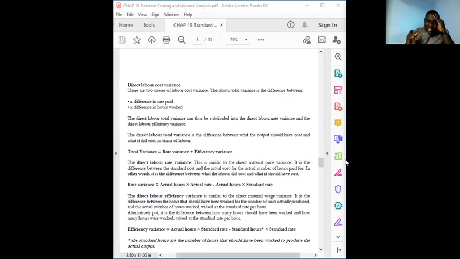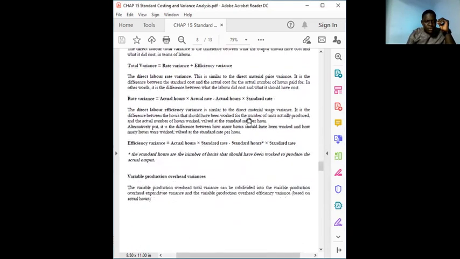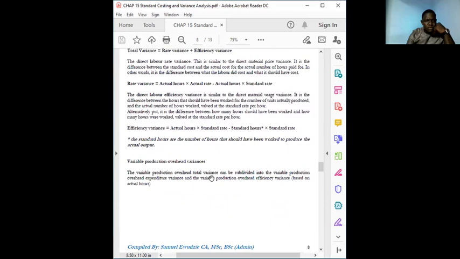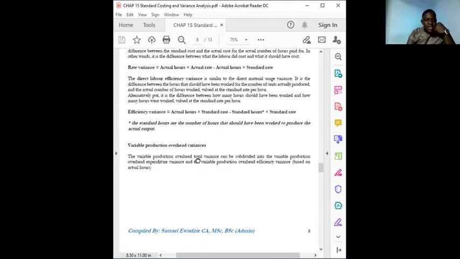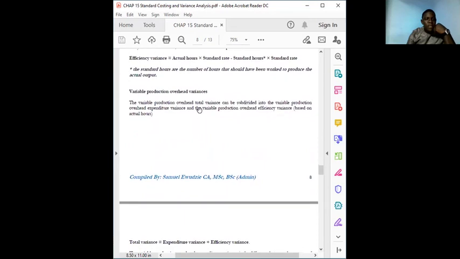So we look at actual hours minus standard hours times the standard rate. The standard hours are the number of hours that should have been worked to produce the actual output. Good, good.